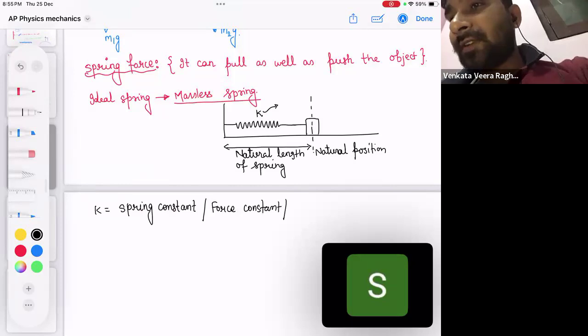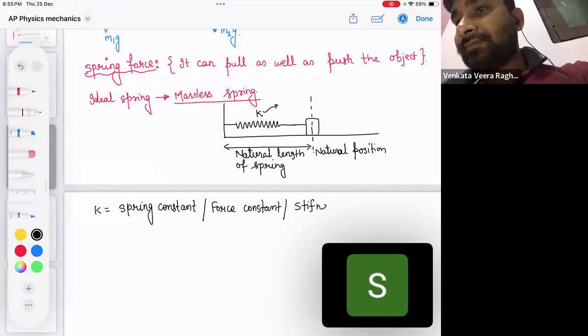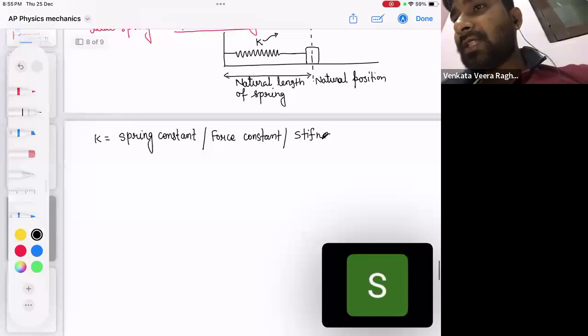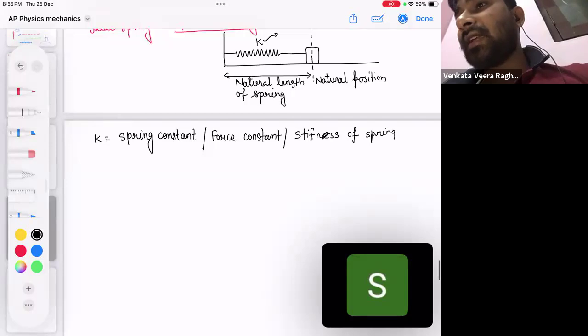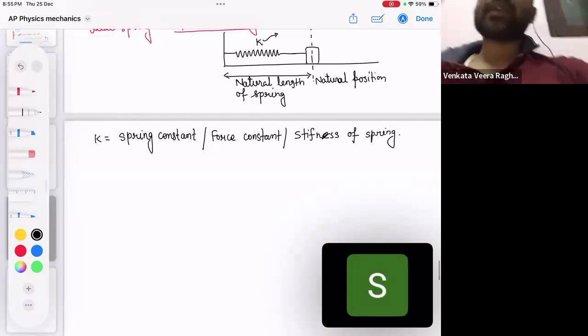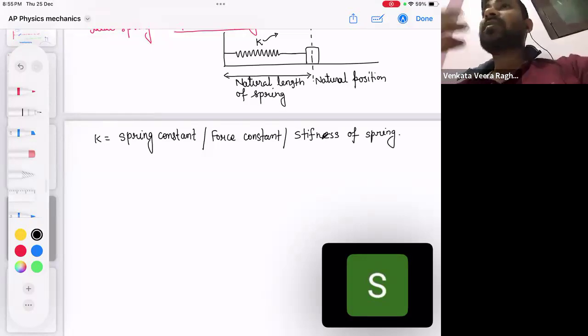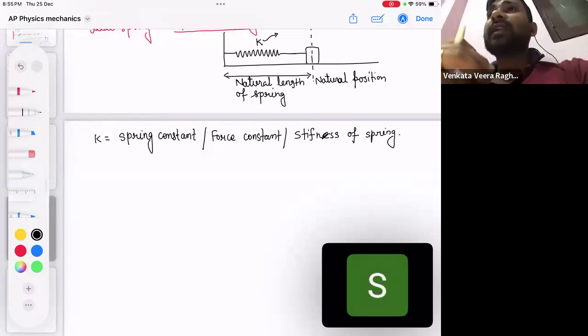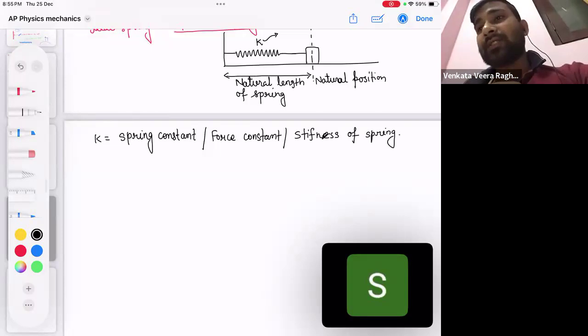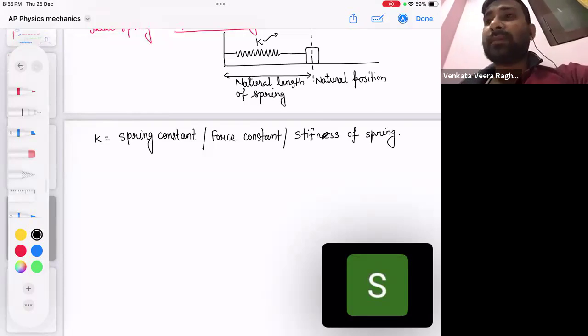Sometimes they will use the word stiffness, the stiffness of a spring. This K decides how easy it is for the spring to get compressed or elongated. Understood? So if K is more, what will happen? It is very difficult to elongate or compress. And if K is less, then it is very easy to elongate or compress.